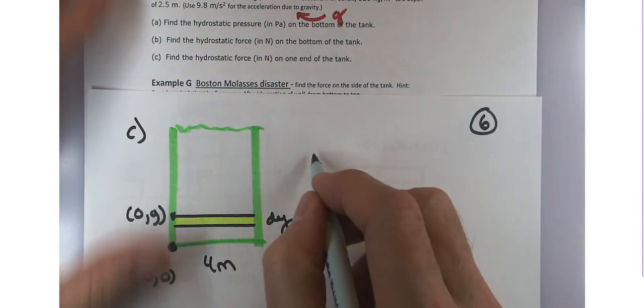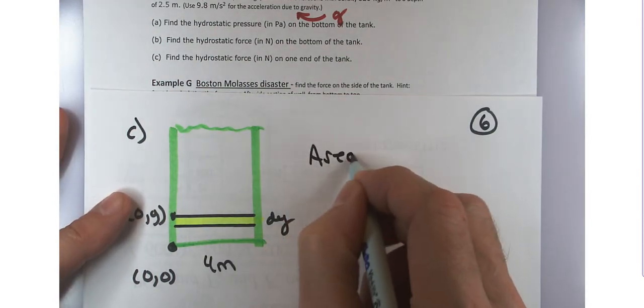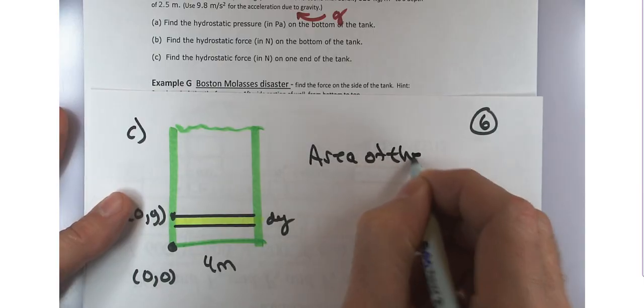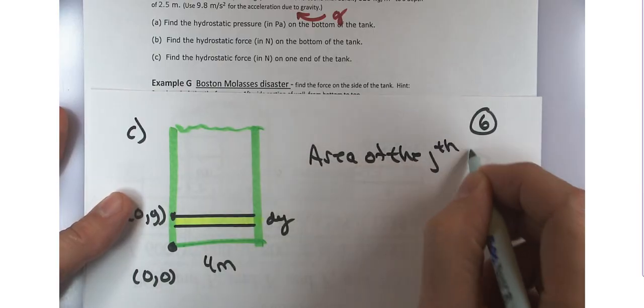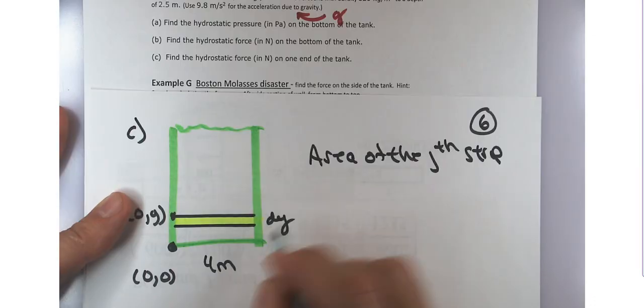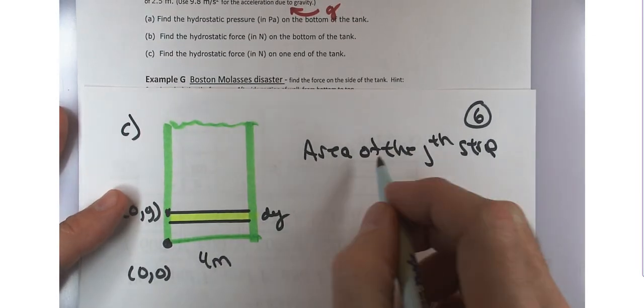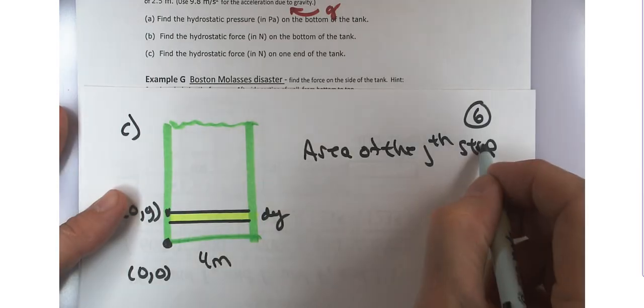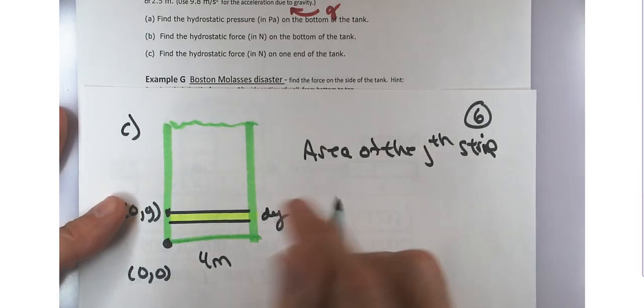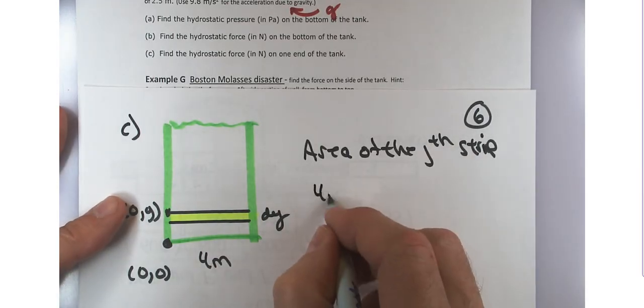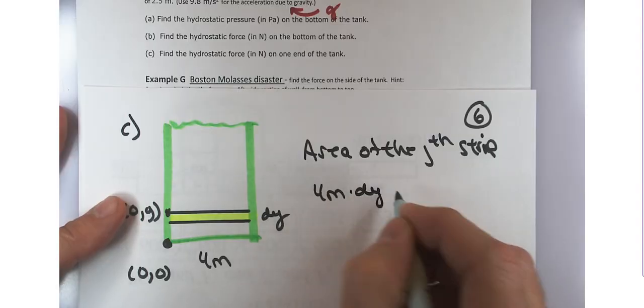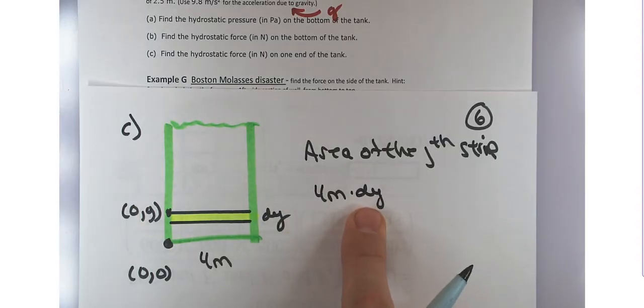So the area of this strip, I don't need to worry about the Jth strip since we're not setting up an approximation based on Riemann sums, is going to be 4 meters times dy. dy is also measured in meters, so we've got meters squared here technically.